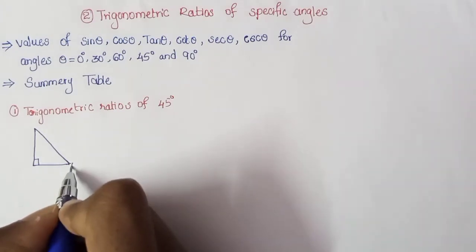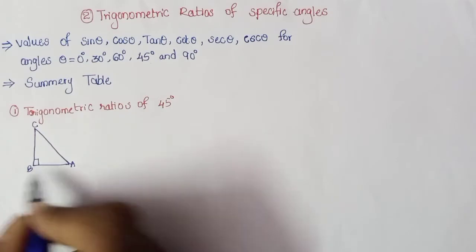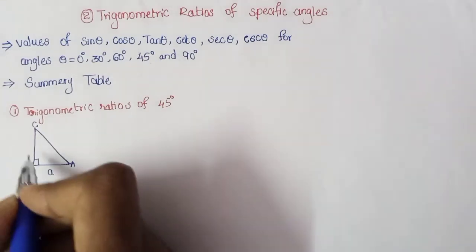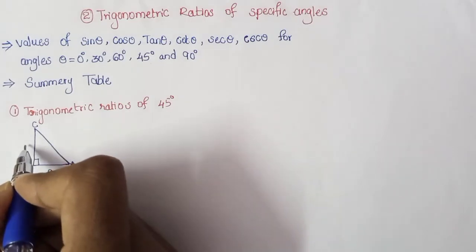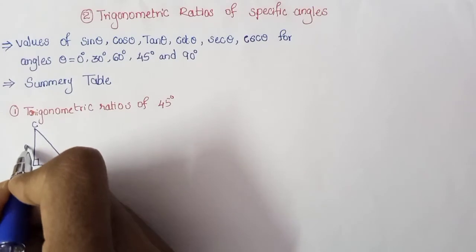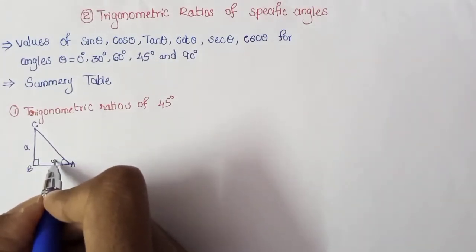Let us name it A, B, C. Let AB be a and BC be a, so this is an isosceles triangle.